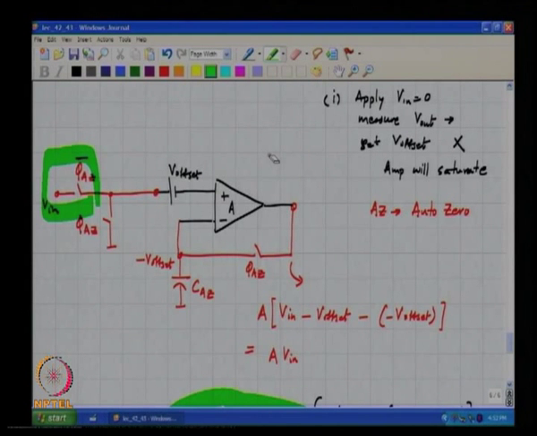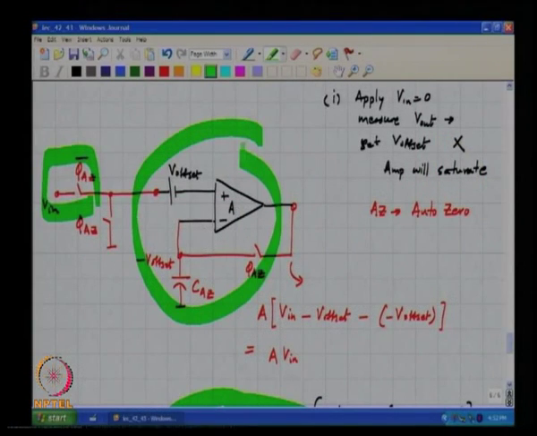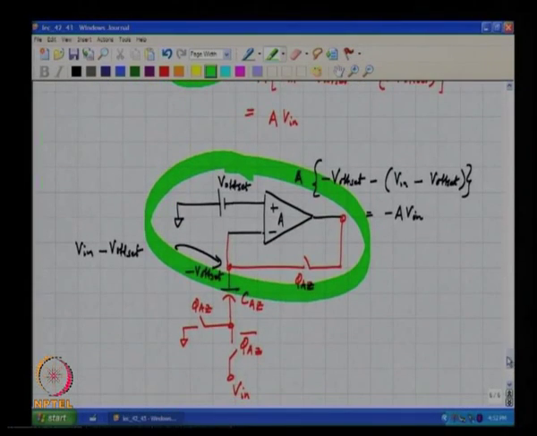Basically, the offset cancellation is the same in both cases. The only difference is where the input is applied, right. So, what topologically different thing do you notice here versus here?